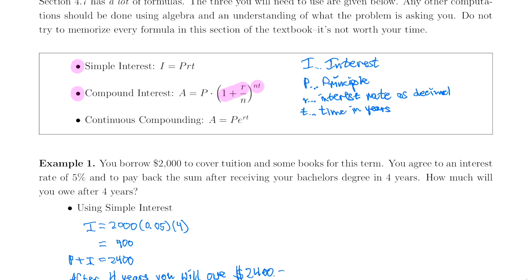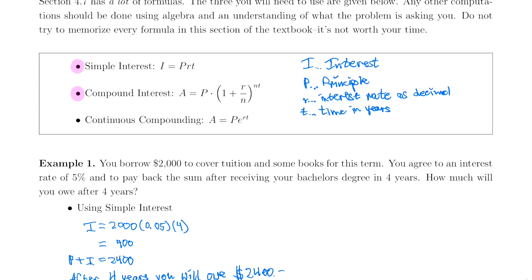It's doing the same thing over and over, and that ends up giving us a little higher interest, because the principal will grow every single time. And again, that goes for both if I save money as well as if I borrow money.